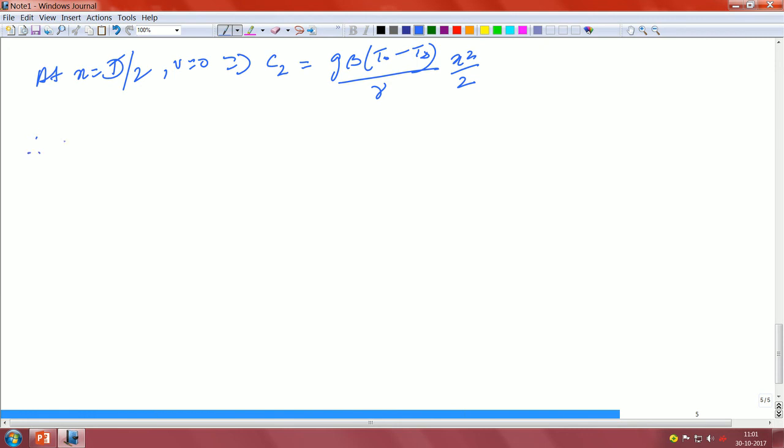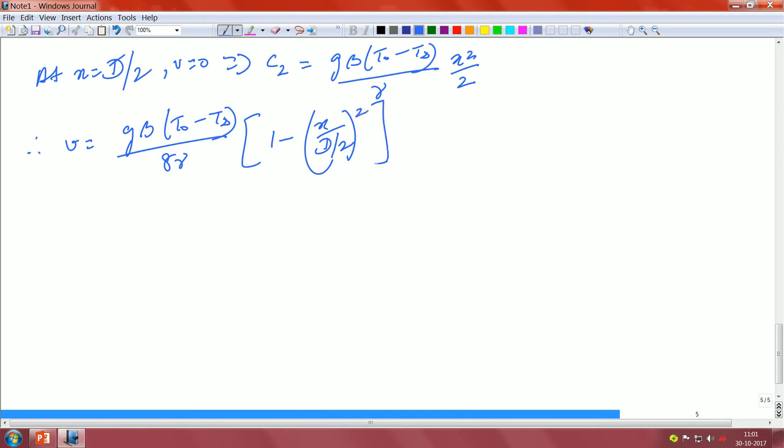So, your velocity therefore becomes g beta, T naught minus T infinity, divided by 8 gamma, and there is a d square here.